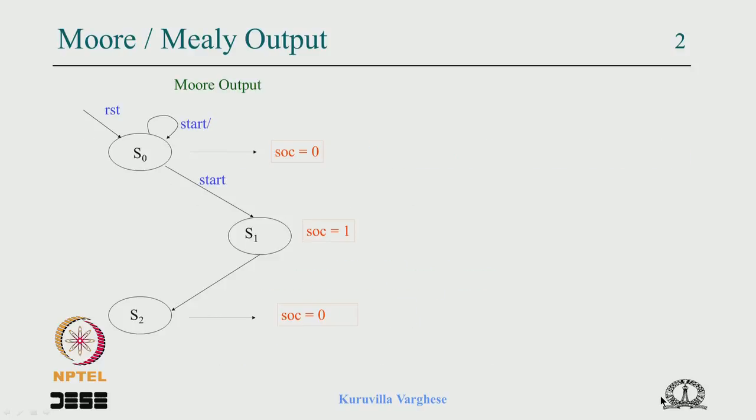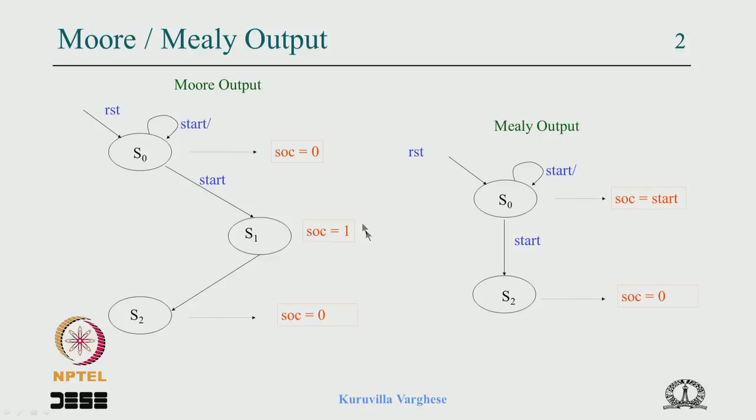Let us move on to the slide. We have taken the example of our ADC controller. Here, for the Moore output, when the start comes, the machine transits to a particular state S1, and this start of conversion was made 1 and then it is made 0. So it is of 1 clock duration during S1, and since this is a function of the start signal, we tried to convert that into a Mealy type of output.